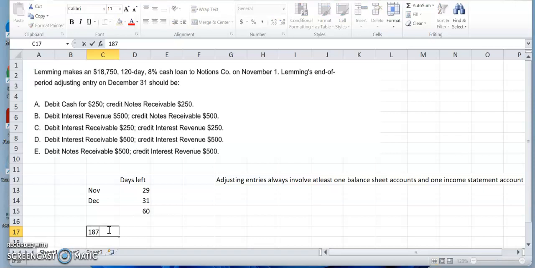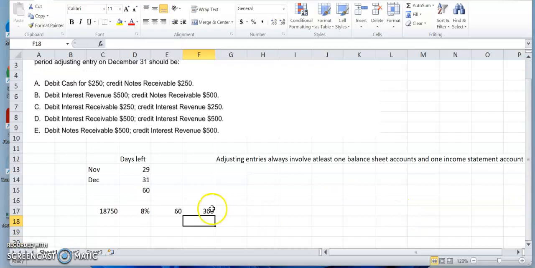Remember, we're going to take the $18,750 times the annual rate, which is 8%, times 60 days over 360. And like I said in the last video, just check and see what your accounting book is using. I use 360 because it's easier to round with that number. There won't really be any rounding, but just see what they're using.